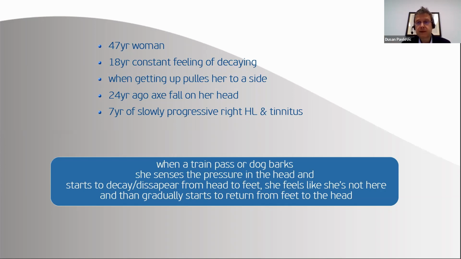when the train passes or in the garden when the dog barks, she senses pressure in the head, and then she starts to disappear from the head slightly to her feet, and then she feels like she is not here, and then gradually she starts feeling she's returning from the feet to the head.